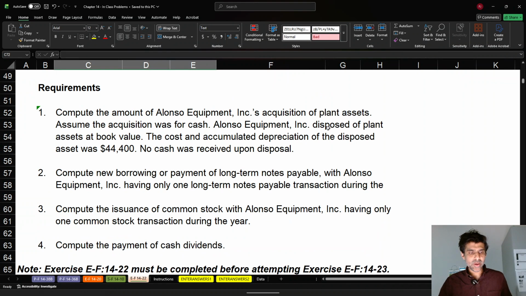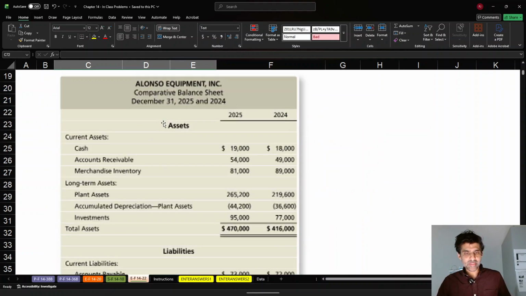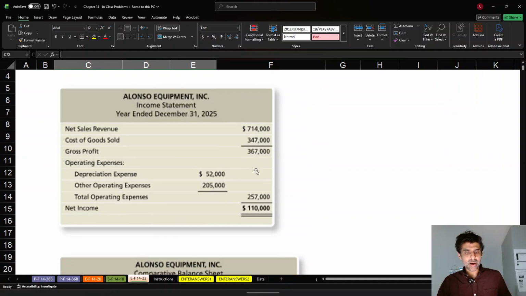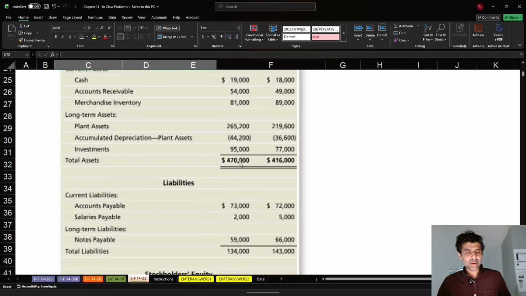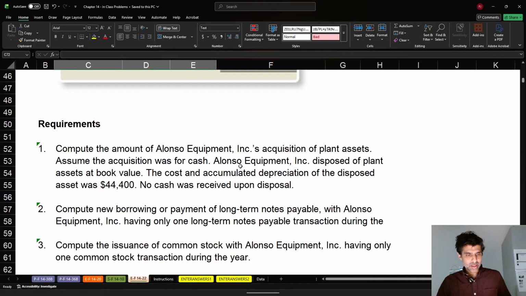You're given the income statement, you're given the ending and beginning balances on the balance sheet, and some extra information, and you're going to have to compile the statement of cash flow.